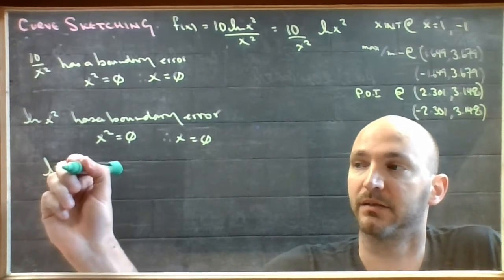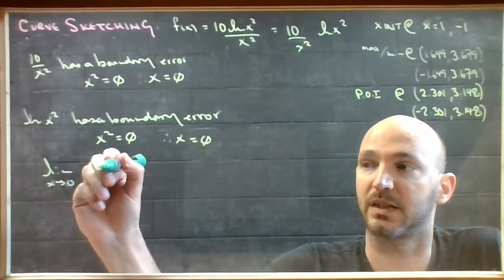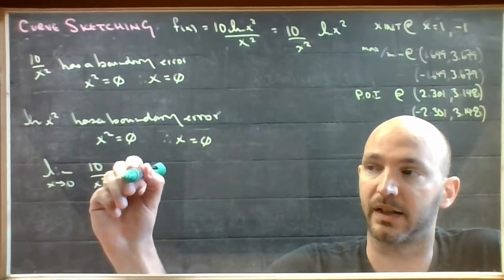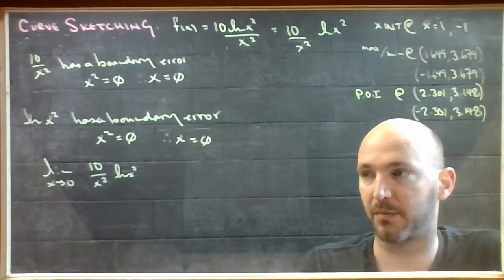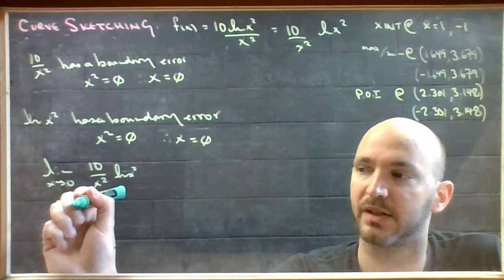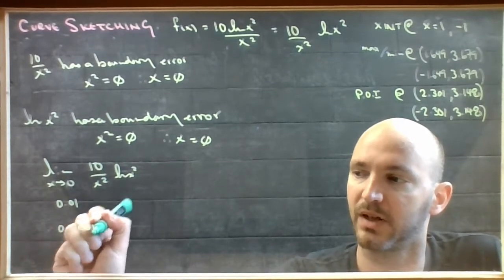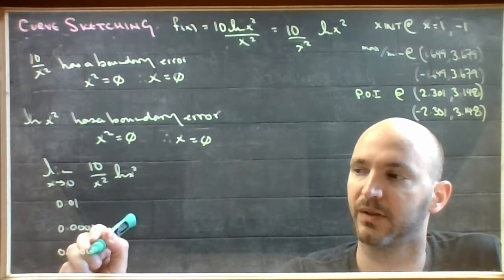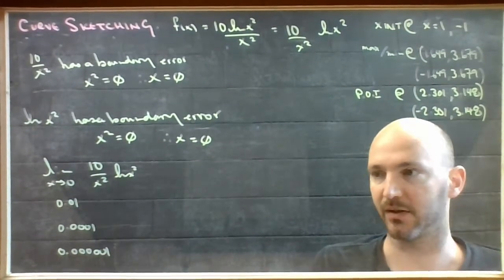Limit as x goes to 0 of 10 over x squared ln x squared. So I'm going to try a few numbers creeping up on 0. I'm going to try 0.01, 0.0001, and 0.000001. That's 1, 3, and 5 zeros.